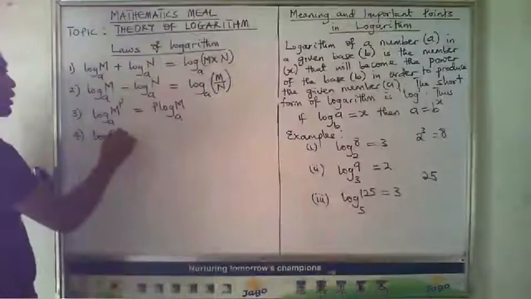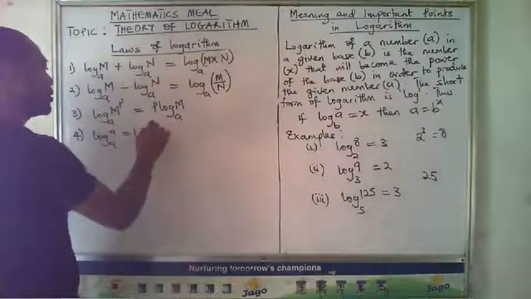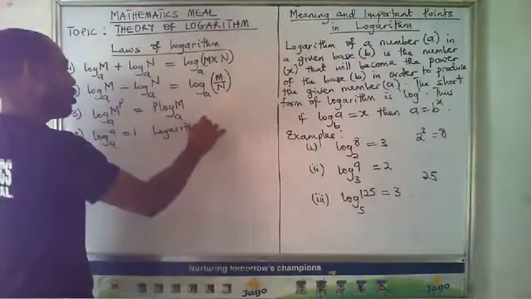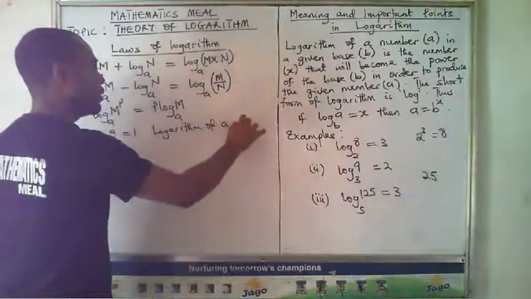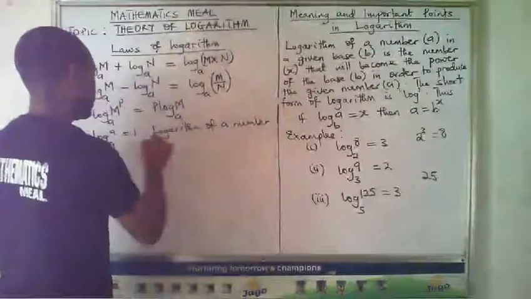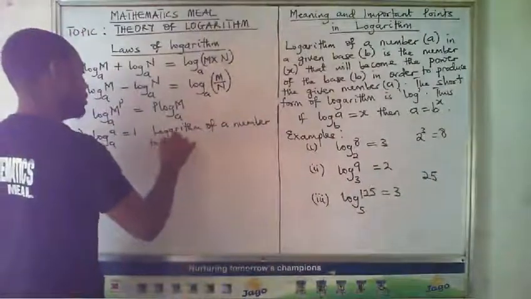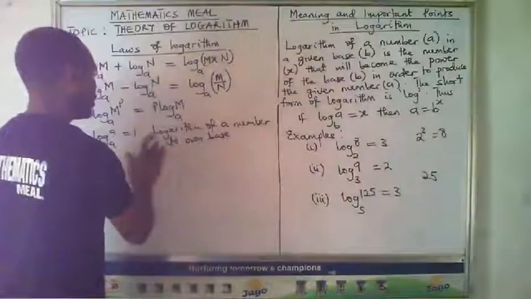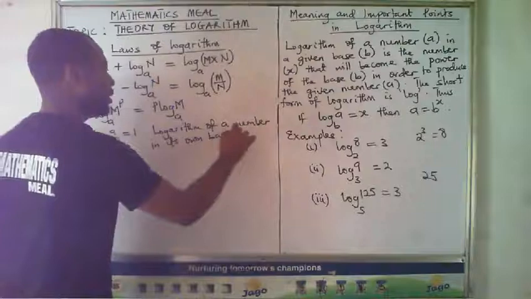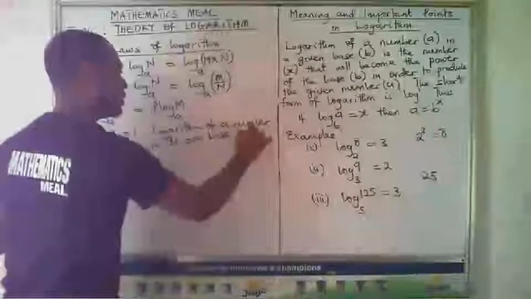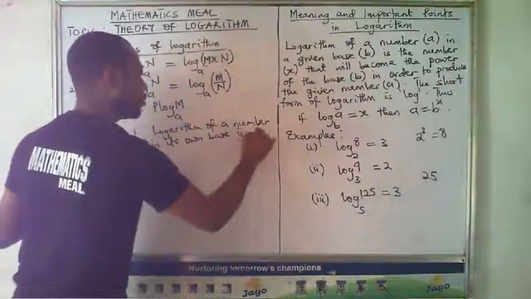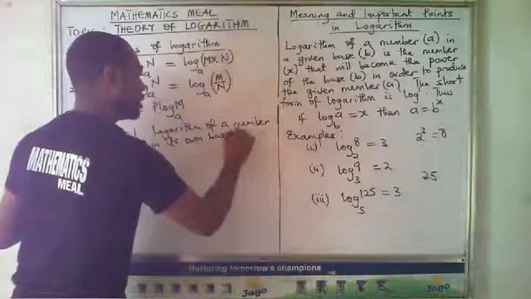If I also have log a in base a, it is 1. That means the logarithm of a number to its own base, or in its own base, is 1. We'll still look at that.